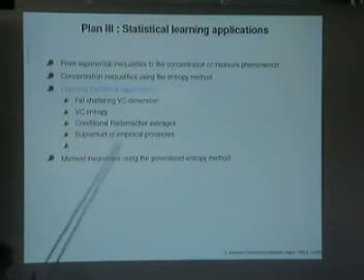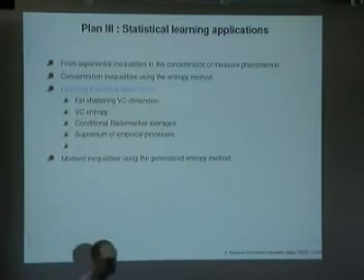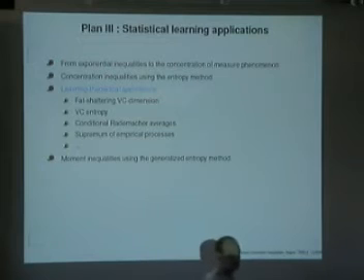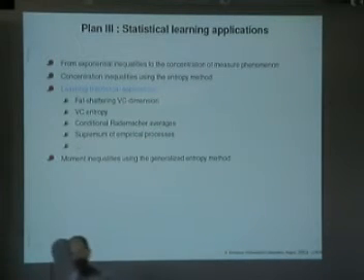So I will review a certain number of concepts that showed up in Bernard's talks and yesterday evening also, and that will show up again in Olivier's lectures next week.